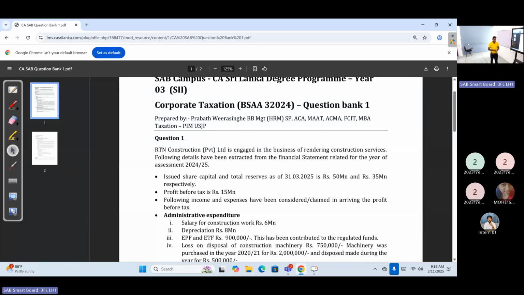For the tax computation, the first thing we have to work out is assessable income.